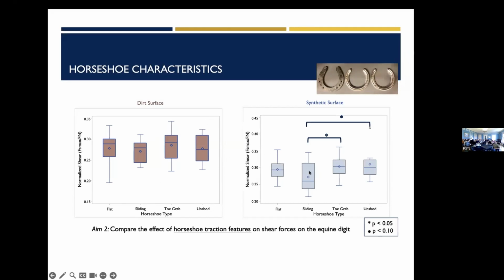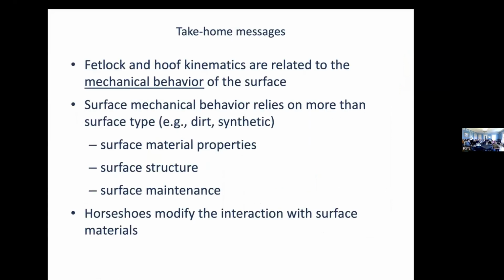And we find that differences between shoes are more dramatic on synthetic surfaces, probably because of grip and interaction, than they are on dirt surfaces. And so what we use on the horse's foot is probably going to be another opportunity for making differences in the load rate that the limb sees.